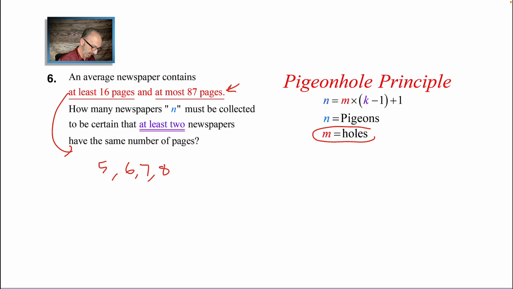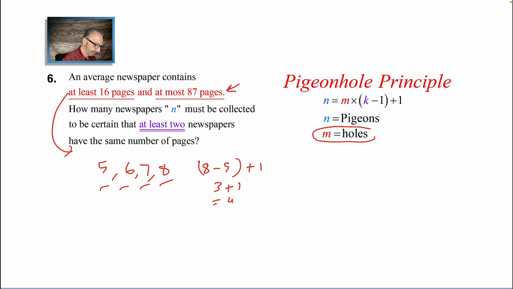So how many holes do we have here? We have 1, 2, 3, 4. But if you go 8 minus 5, that's a 3. We need to add 1. So 3 plus 1 makes it 4. That's 4 holes.